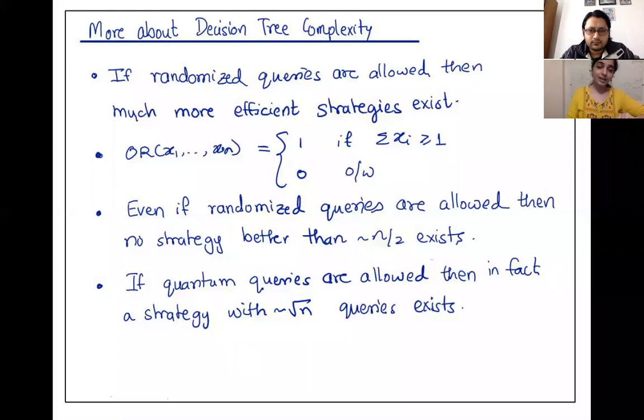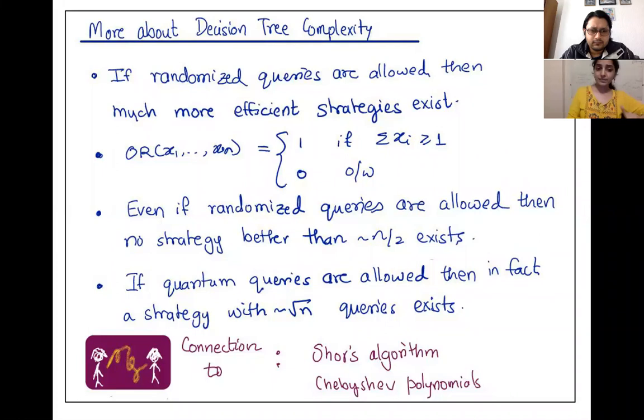It is known that for the OR function that is on this slide, you have decision trees of depth only square root n, as opposed to n in the randomized case. And in fact, square root n is sort of tight and so on. And this has beautiful connections to other things in quantum computation, like Shor's algorithm, Chebyshev polynomials, and so on.